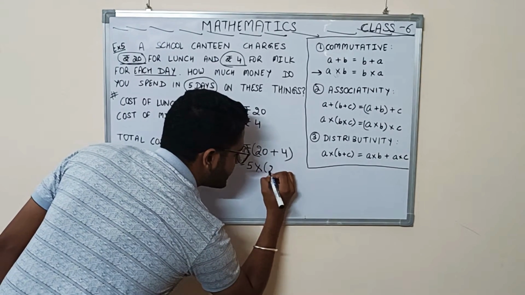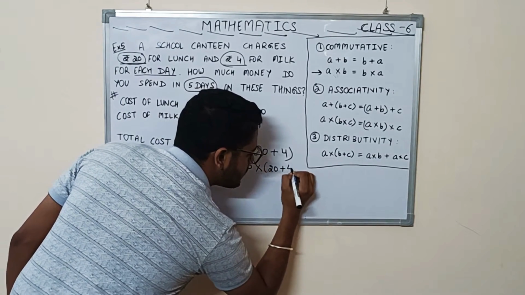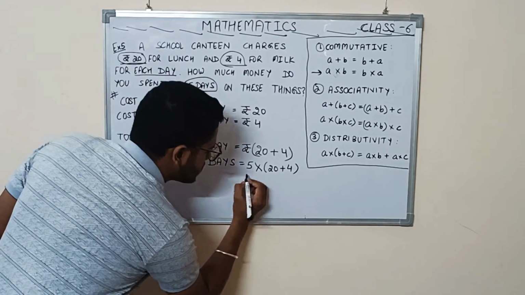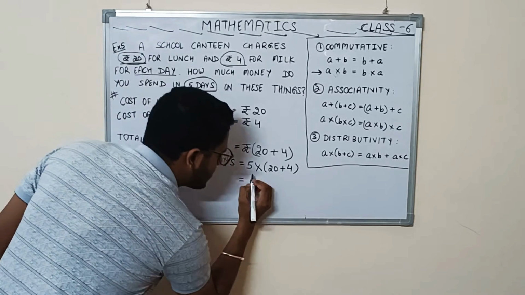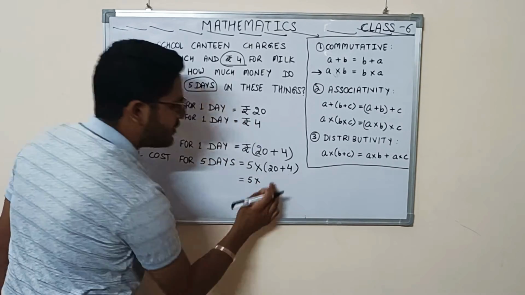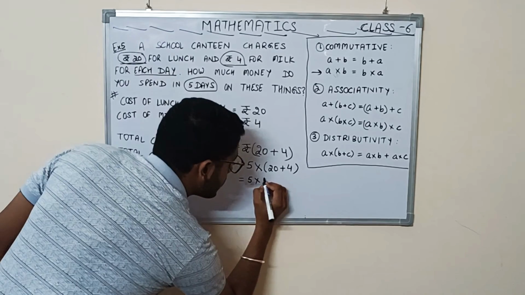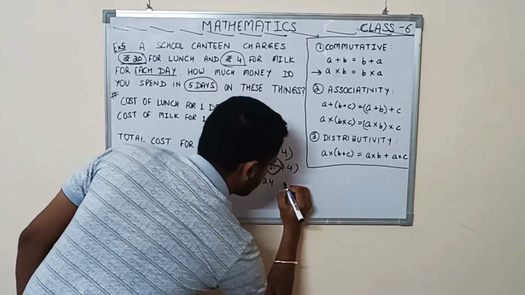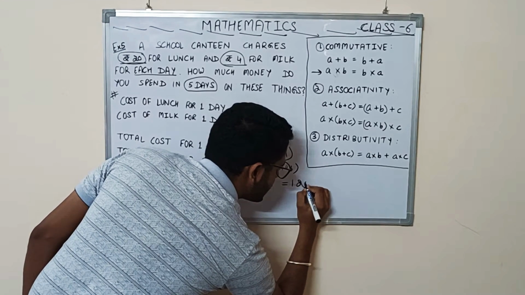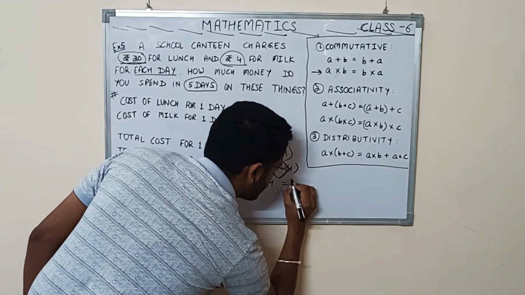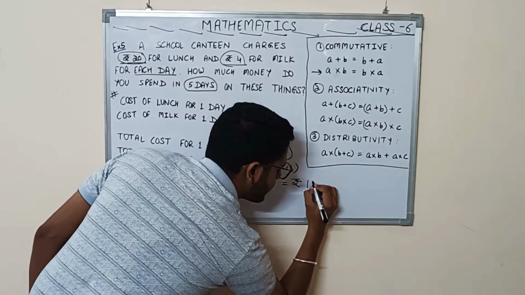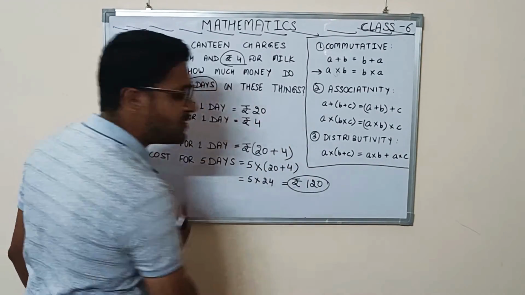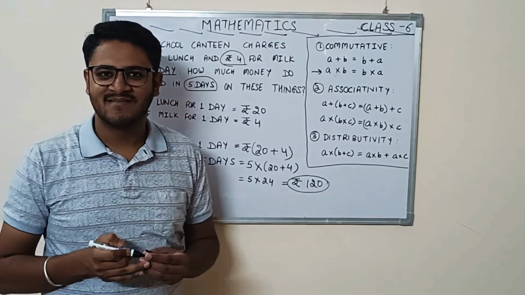And the cost of one day is ₹20 plus 4. Okay, so we got this equation. Let's solve it. 5 multiplied by 20 plus 4, 24, right? 24 into 5, 120. So this is how we calculated the total cost for 5 days, right?